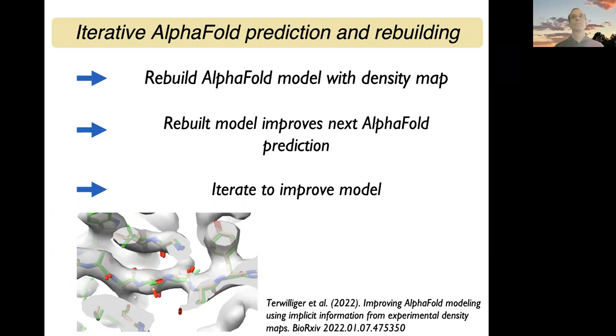This preprint comes along with data as well. So it involves running 25 different structures that were deposited in the PDB after AlphaFold was created, after the AlphaFold database was created.